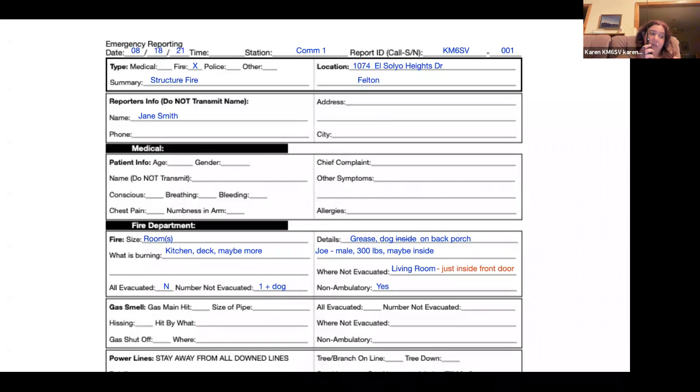One 300-pound male, non-ambulatory, might be outside, but if he's inside, he's likely in the living room, just inside the front door. The dog is on the back porch. I copy at 1725. This is net control, AJ6KN. COM1, Kilo Mike 6 Sierra Victor.